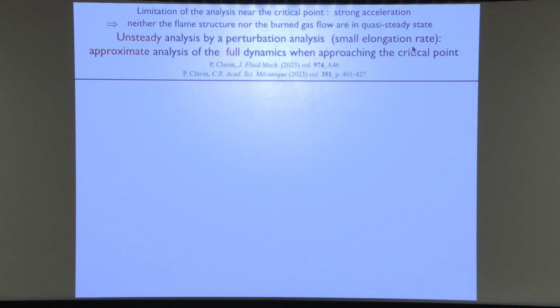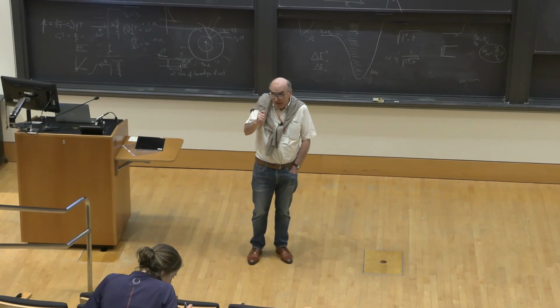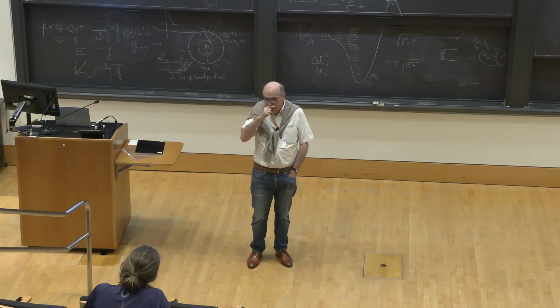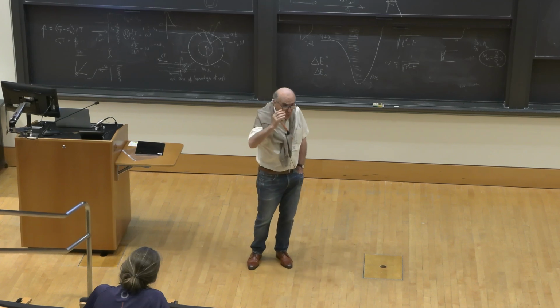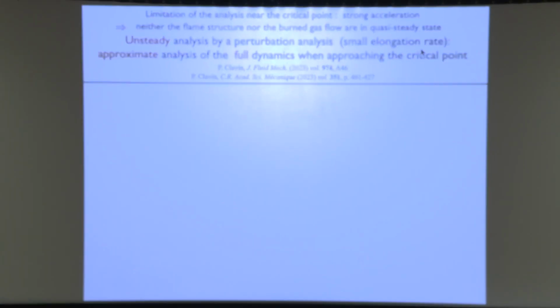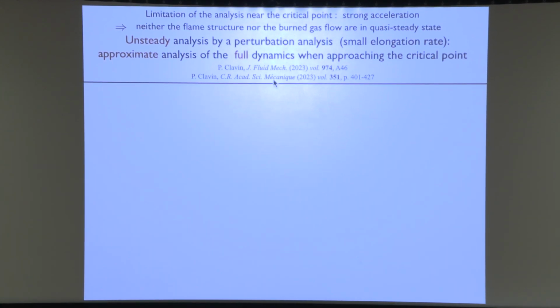What is very important is that the elongation rate is small. You do not need a strong acceleration rate, because the divergence of the acceleration is due to this curvature, to this turning point. So even a very small acceleration is going to produce a dramatic effect. Nice mathematical problem. This is the last paper that I wrote at the end of last year, and it appeared at the beginning of this year.